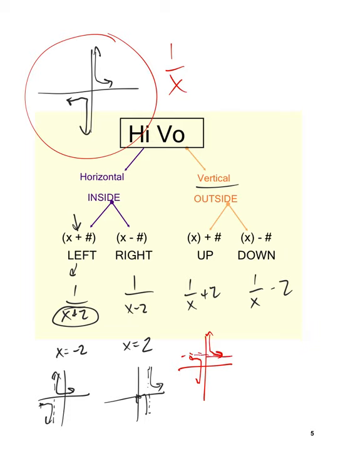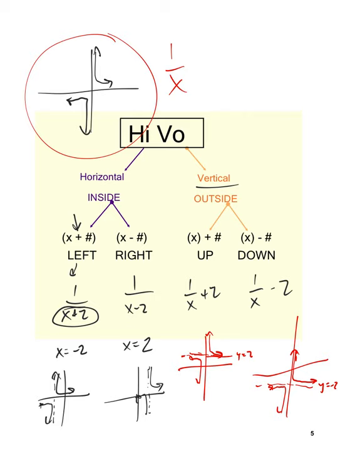And that horizontal asymptote would be at y equals 2. And then similarly, if we moved it down 2 units, it would look like this with our horizontal asymptote at y equals negative 2. So you can see again, this works whether it's absolute value of x, x squared, x cubed, root of x, doesn't matter.